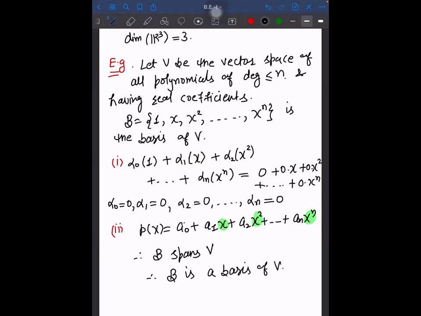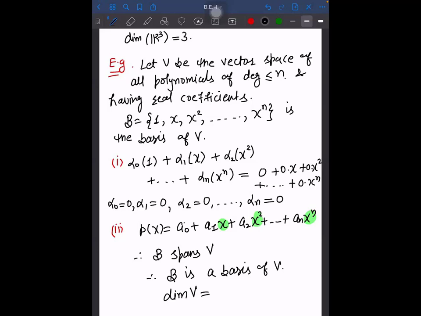So what is the dimension of this vector space? Can anybody tell me? n plus 1.